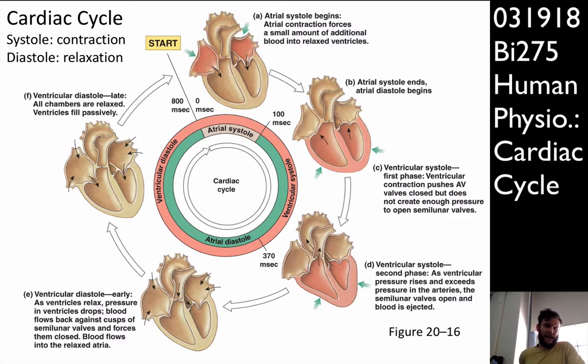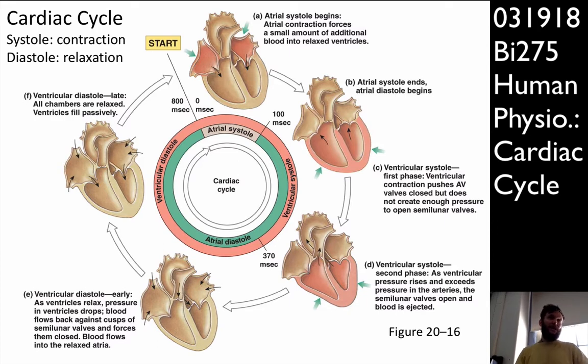The SA node has depolarized, and the signal has spread out through the internodal pathways to the AV node, and the atrium now is beginning to actively contract. It's actively pushing blood out of that atrium into the ventricle.